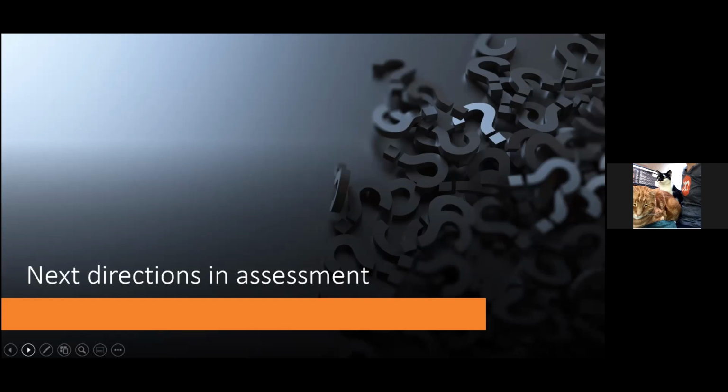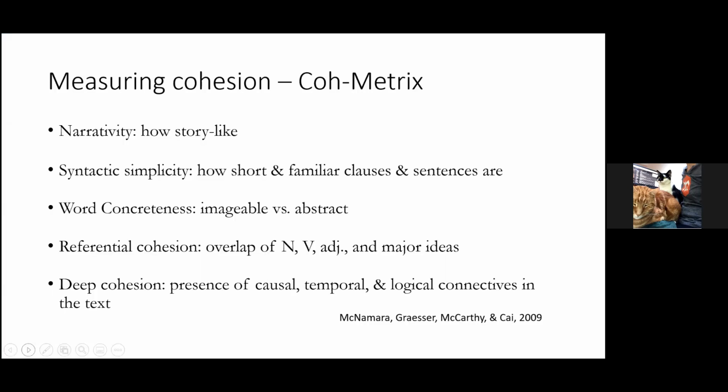Cohesion is this big, broad term that has a mechanistic relationship with inferencing. And so a group of people went about trying to measure cohesion in written text that we read and written text that we would then write. I'm going to show you this measurement that they created, and it's called Coh-Metrix.